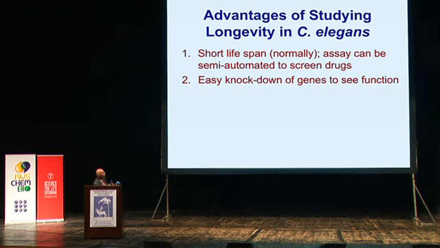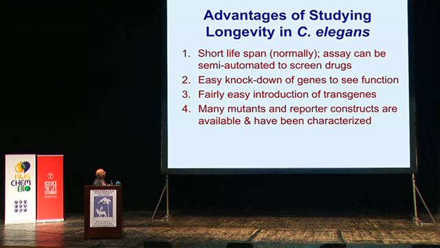You can actually functionally test the role of any gene that you suspect affects lifespan by a very easy process of knockdown, where you in fact just feed bacteria expressing the particular RNA interference construct.